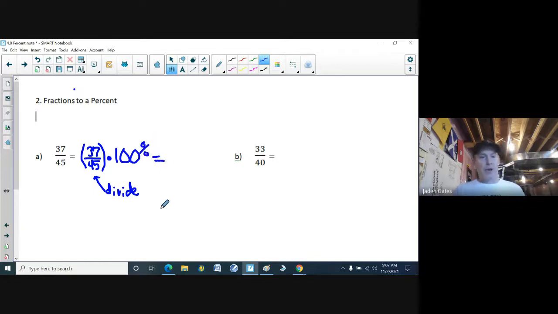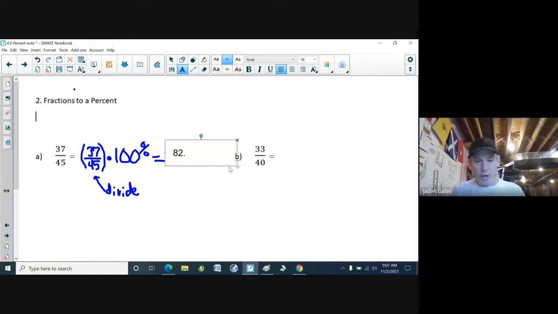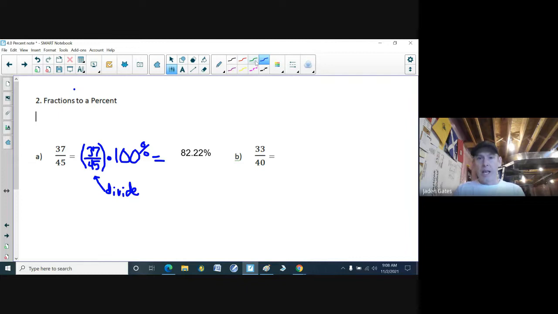So if I take 37 and I divide it by 45, I get 0.8222, and I times it by 100%, I end up with 82.22%. Again, I just divide my fraction and multiply by 100%. So if I want to compare, say, this test to another test that's out of 40 instead of 45, to see which one we did the best on, I would take 33 divided by 40 and then multiply it by 100%.